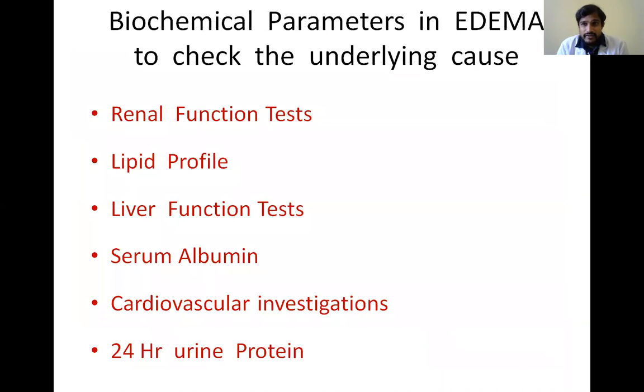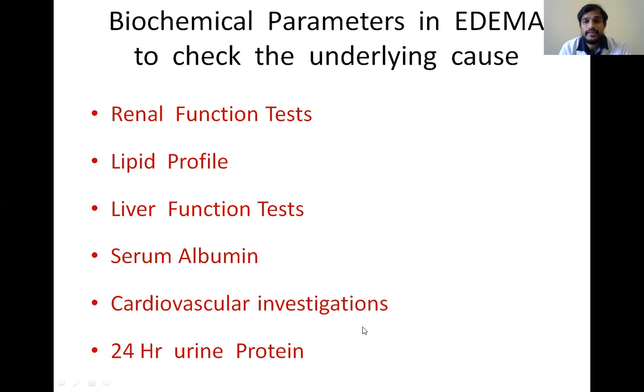Due to this, the patient will come with different symptoms and we will assess the edema. Okay. First we assess the edema by physical examination only, and apart from that, the biochemical investigations which help in edema are renal function test, lipid profile, liver function test, serum albumin, cardiovascular investigations, and 24-hour protein.